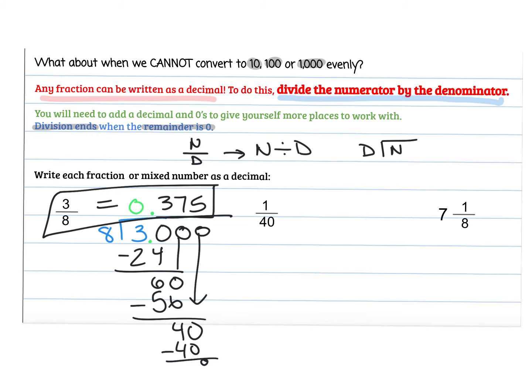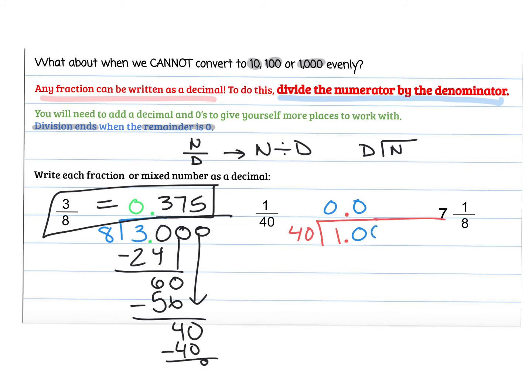1/40th. I know that's not very much, so estimating helps me. 1 is going to be a tiny bit of 40, because I know 1 out of 10 is 1/10. So it's going to be less than that. 40 does not go into 1. 40 does not go into 10. So notice you might have a 0 there also.